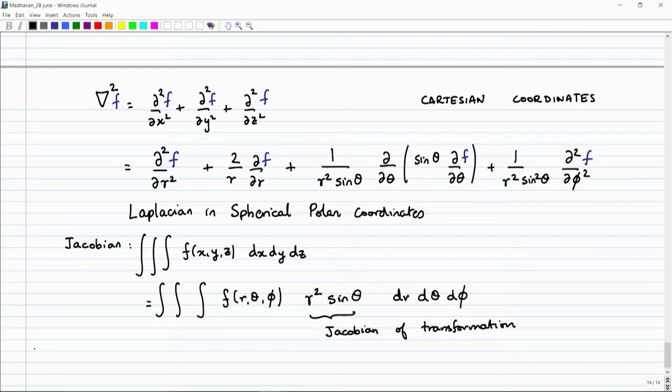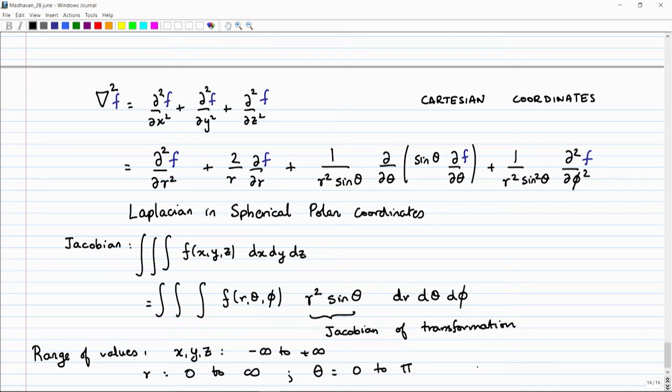Now, the range of values: x, y, z go from minus infinity to plus infinity. Now, r goes from 0 to infinity, θ goes from 0 to π, and φ goes from 0 to 2π.